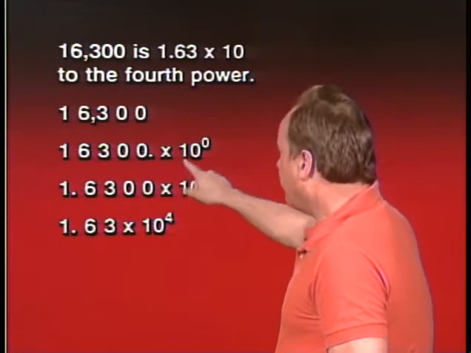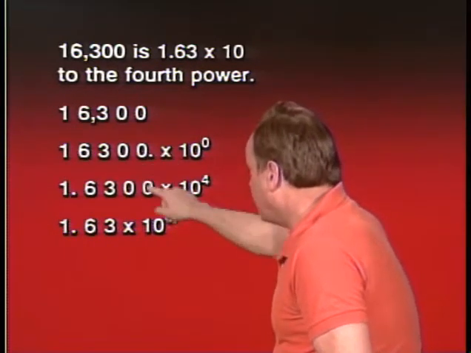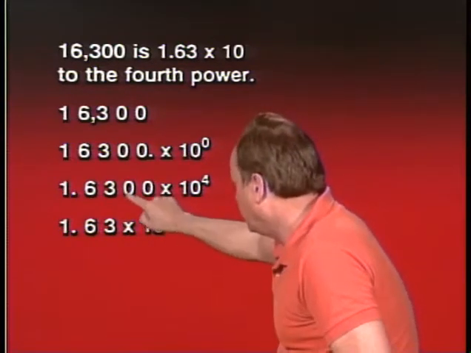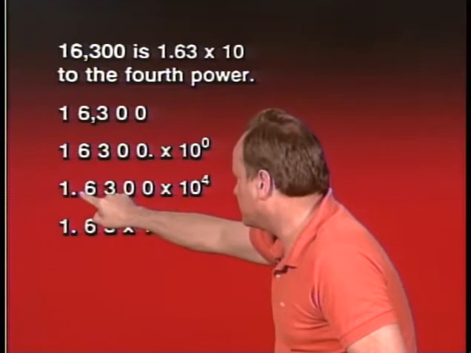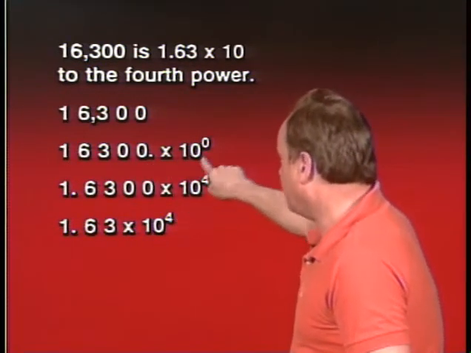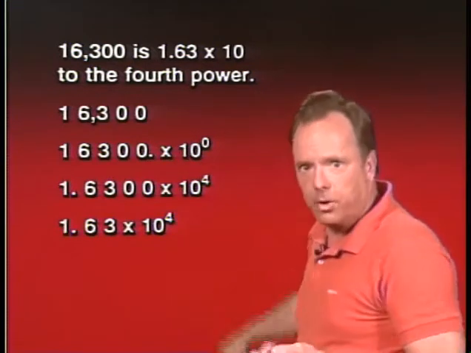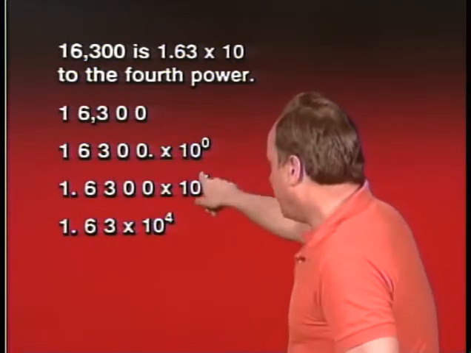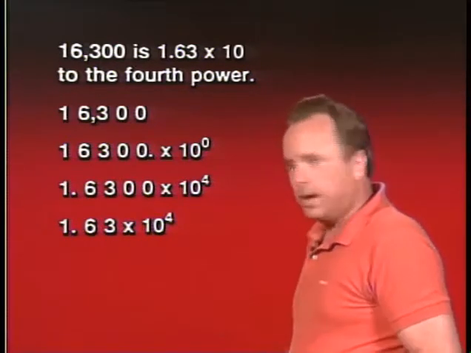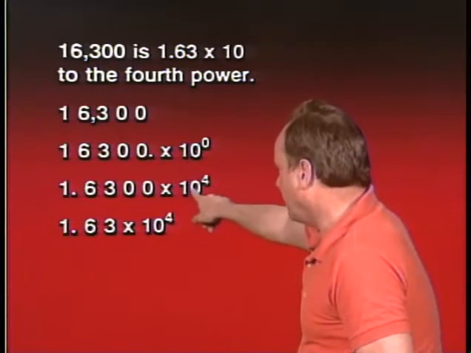Now, if I divide this number by 10,000, I move the decimal point 4 places to the left. 1, 2, 3, 4. Then it becomes 1.63. But if I divide it by 10,000, I have to increase this number by 10,000 in order for the answer to still be the same. So I just raise it 10 to the power of 4, and that's the same as multiplying that number by 10,000.